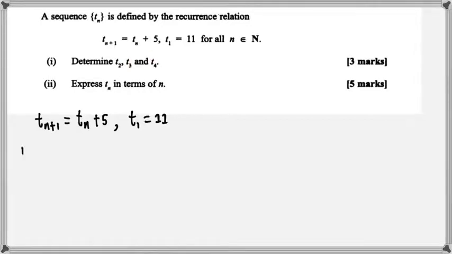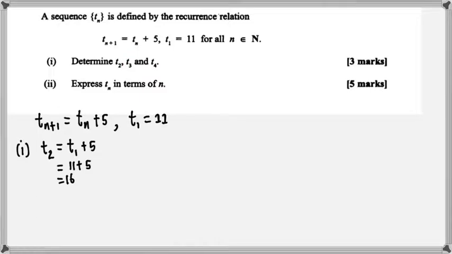So let's look at T2 first. T2 would be equal to T1 plus 5, and we know T1 is 11, as it was given. We get 16 for T2. Now let's look at T3.